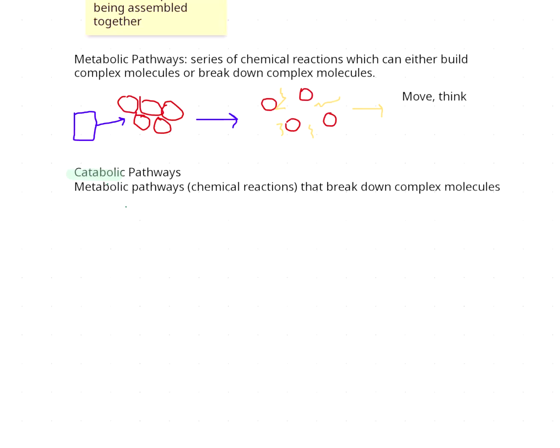It's made up of multiple different components. Metabolic pathways or chemical reactions that break them apart are most likely to release energy, which you can harvest and do things. So this example up here, breaking down this complex molecule to release energy so that your body can use it to move and think and so on and so forth, is a catabolic pathway. Remember, catabolic, catastrophic, or demolishing.